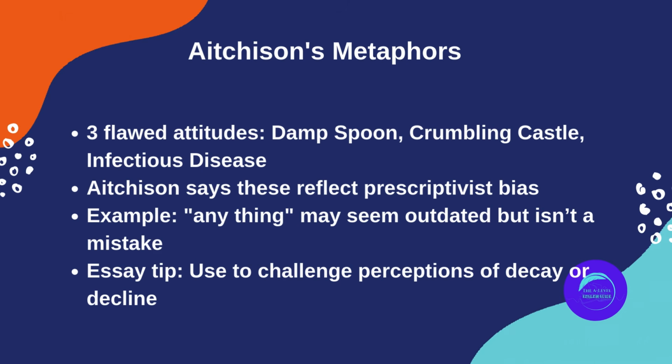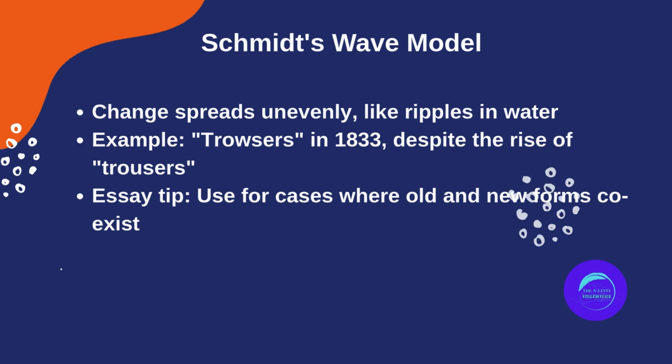In text A, we see the spelling "any thing" written as 2 words. Some readers might see this as careless, but Aitchison would argue it's simply a natural variation. While the spelling "any thing" might seem sloppy or incorrect today, Aitchison's metaphors remind us that these judgments often reflect prescriptive bias, not linguistic fact. Now Schmidt's wave model.